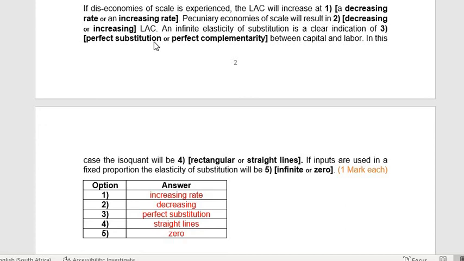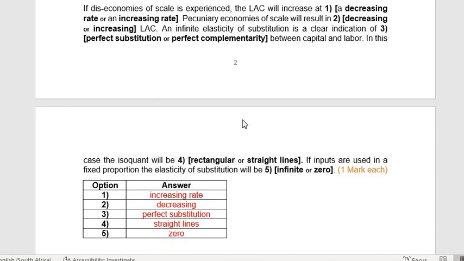And then an infinite elasticity of substitution is a clear indication of a perfect substitution between capital and labor. Even if you don't understand what infinite elasticity of substitution is, you know that capital and labor are substitutes, so it will always be that way.